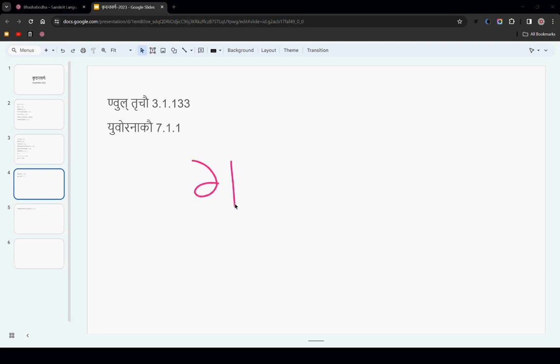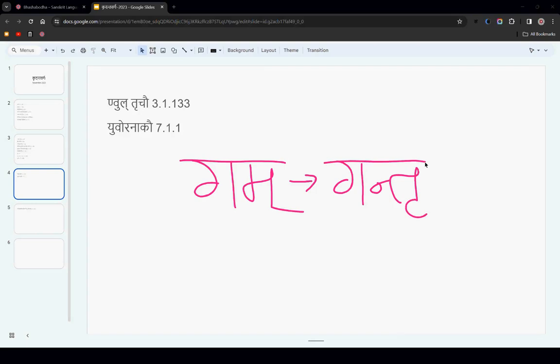Then gam dhatu, we have gantru. Gantru is a pratipadikam. Prathama vibhakti ekavachanam ganta. Ganta, gantaro, gantaraha. So one who goes.